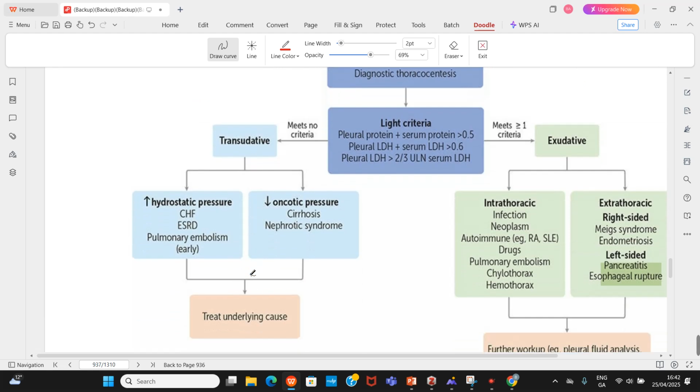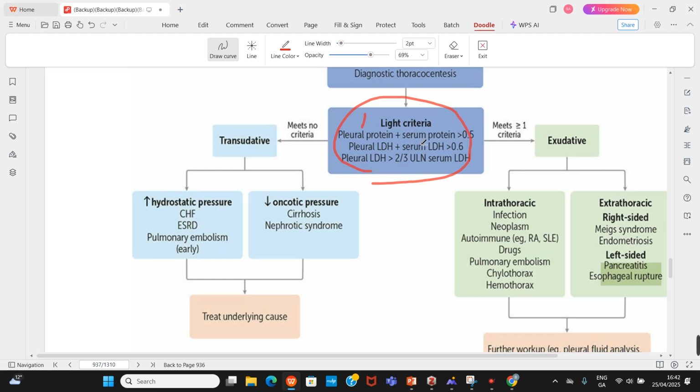Now, what are the criteria that need to be met before you can quickly classify? You want to take a sample: request pleural protein, serum protein, pleural LDH and serum LDH. Then you compare them. If the ratio of pleural protein to serum protein is more than 0.5, it means that the pleural protein is more than 50% of the serum protein.